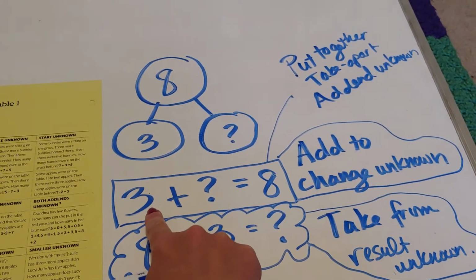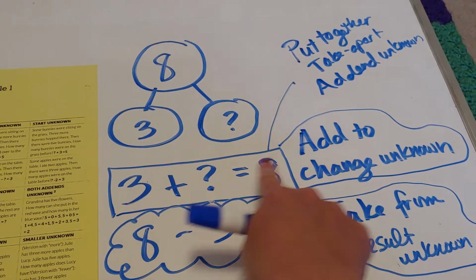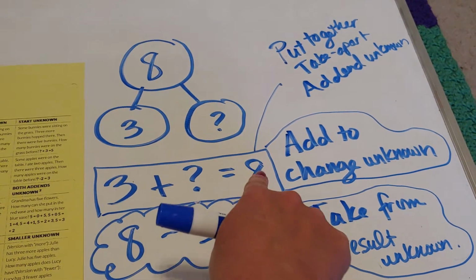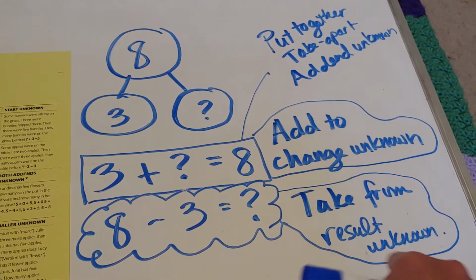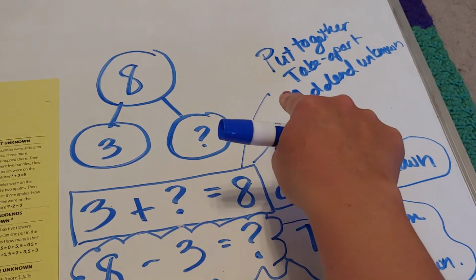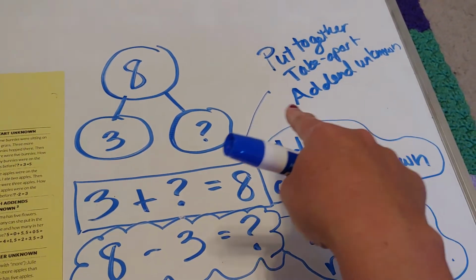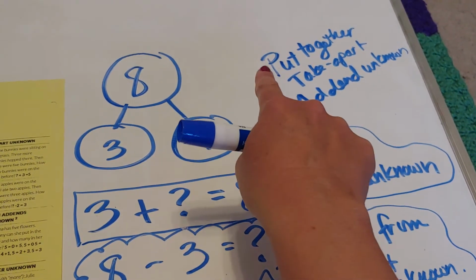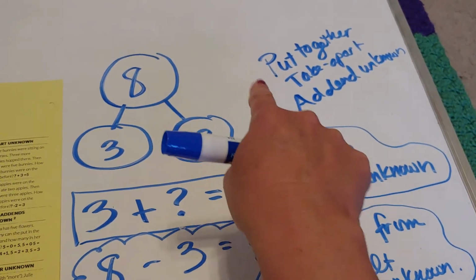If I'm going to keep working on add to, change unknown, then I'm going to have a bunch of problems over and over again to practice a skill. If I'm going to have take from, result unknown, I'm going to have a bunch of problems. If I am moving up in the world and looking at 2 different things, chicks versus chickens, I want to make sure students know that I'm looking at 2 different groups.